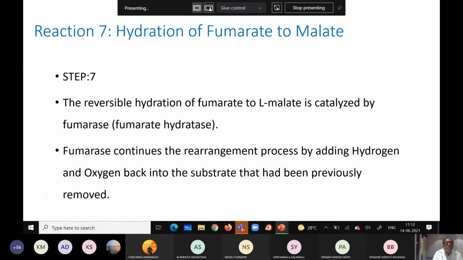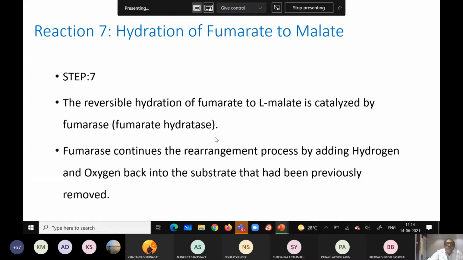Step number 7 is the hydration of fumarate to malate. This is a reversible reaction. That is, fumarase continues the rearrangement of the process by adding the hydrogen and oxygen back into the substrate that had been previously removed. So addition of water takes place, and this generates the continuity of the citric acid cycle.